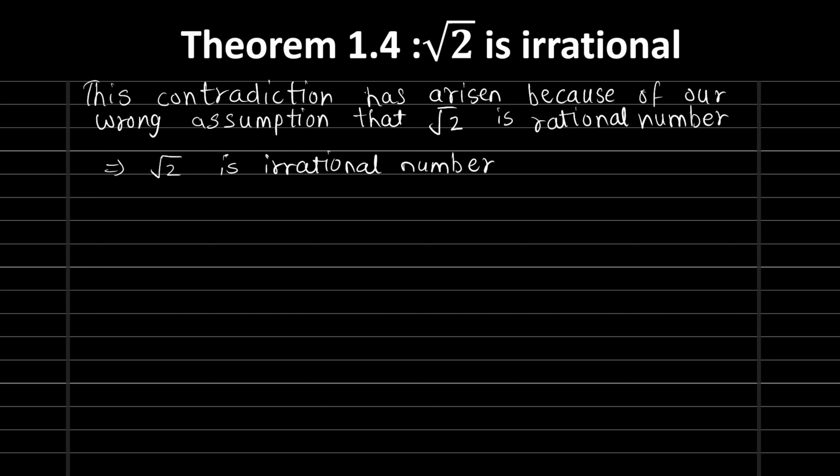So this is called the method of contradiction. We assume something incorrect, and based on that, the result we are going to get is wrong, right? So we conclude that the contradiction has arisen because our initial assumption was incorrect, and hence we conclude that definitely root 2 is an irrational number over here.